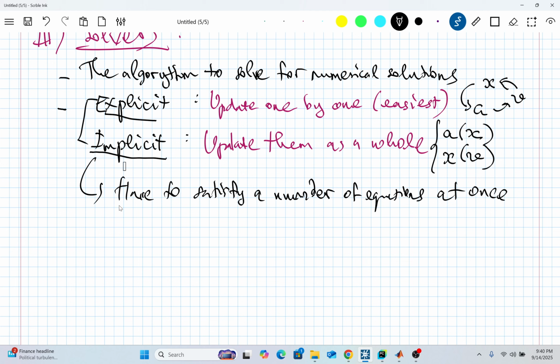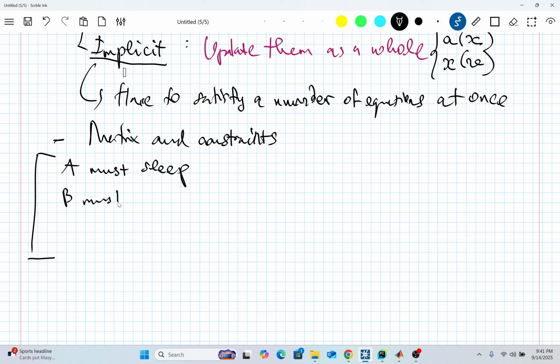And I'll talk about the matrix and constraints. Matrix is basically a set of equations, right? Like I have a matrix, A must sleep, B must study, or C must go jogging, right?